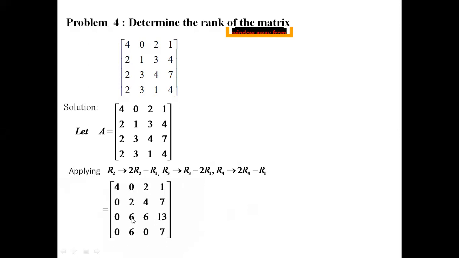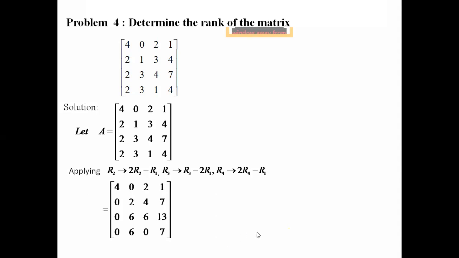We get this matrix. Again, I have to make this element 0. One method is making this a 1, but it's not necessary. You take this row minus 3 times the second row, so that 3 into 6 we get. We can make this element 0. The same operation applies for the fourth row also.